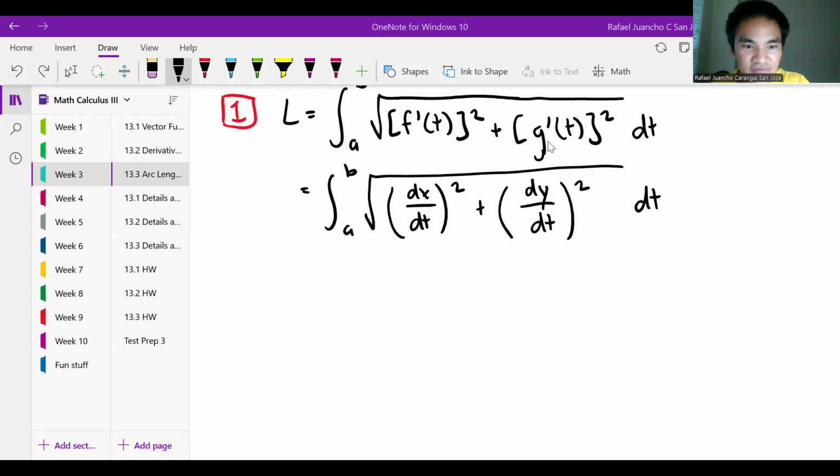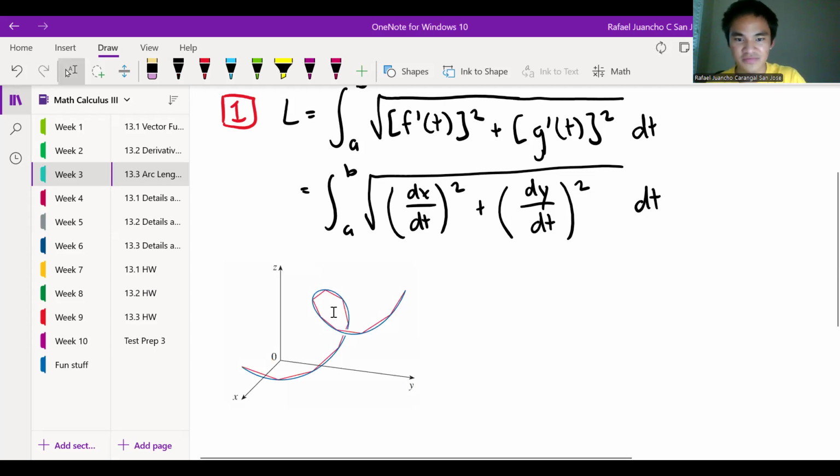So the length of a space curve is defined in exactly the same way. Here I'm going to show a figure. Let me just take a screenshot and show a figure of some space curve.